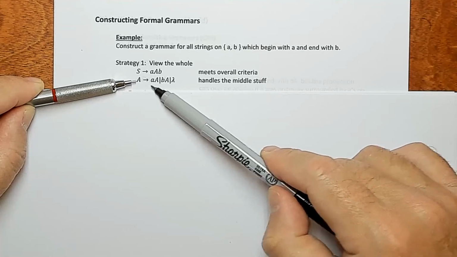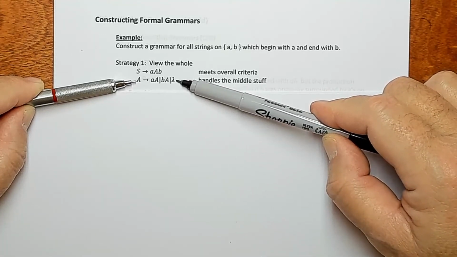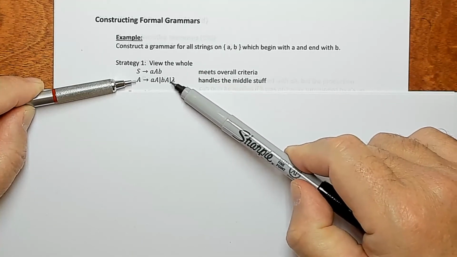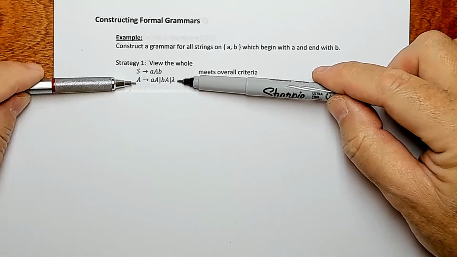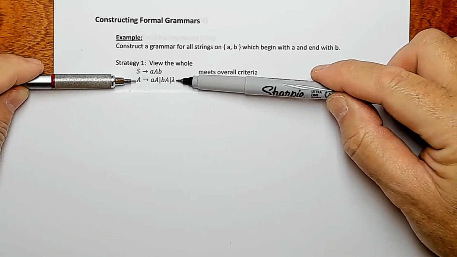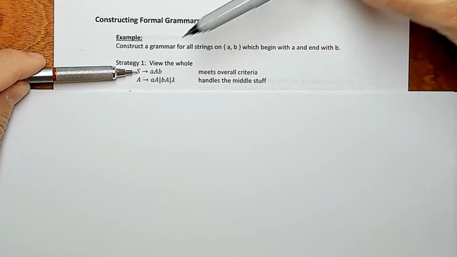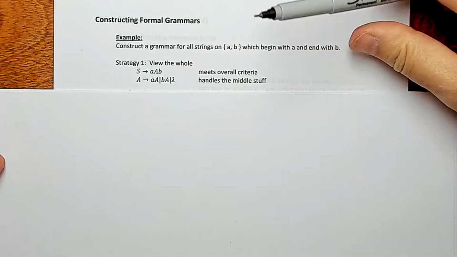So you can say anything you want with this, because you can put in little a's and little b's as many times as you want, and whenever you're done, you put in a lambda for A. So this is a handy way to say anything. And this first production maintains the beginning and end condition that we want. So that's one strategy, view the whole.